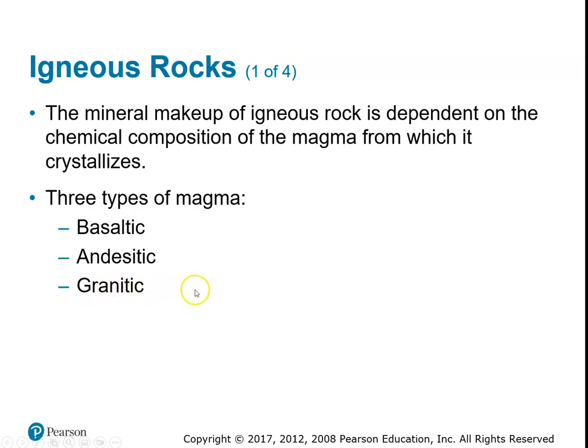This is where granite comes from. The vast majority of the continents have granite underneath. The oceans have basalt underneath. And andesitic is just magma around the Andes Mountains. That's where the name comes from, right? Andesitic.